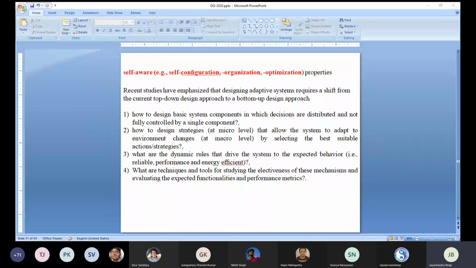Who is monitoring whom? The system is monitoring on its own. It is monitoring the structure, the form, the functionalities, so that it tries to stay in a stable or equilibrium state all the time. So that is what self-awareness is. So self-evolve.